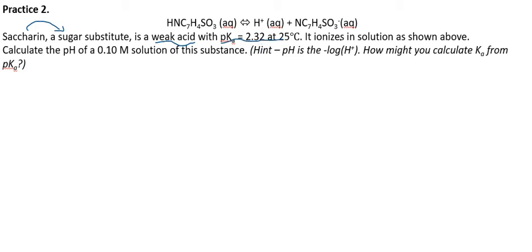It ionizes in solution as shown above, so I'm going to say that this is actually my saccharin. Calculate the pH of a 0.1 molar solution of this substance. Hint, pH is the negative log of H plus. How might you calculate Ka from pKa?